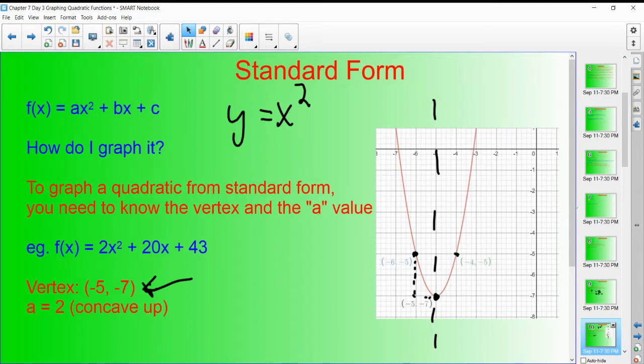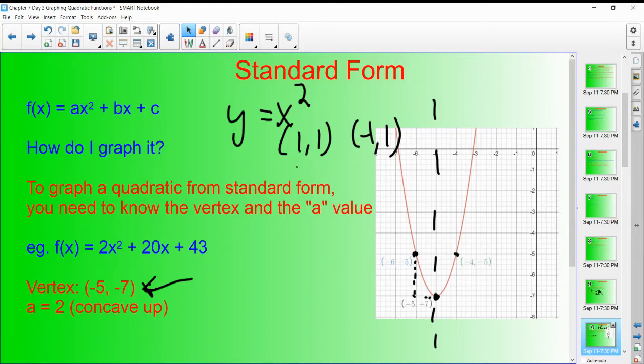Now 3 points is all you need. So you can go over 1, up 1, in both directions. You could also go over 2, up 4. So if I start at the vertex, I can go left 2 and up 4: 1, 2, 3, 4. Except now it tells me to double that.